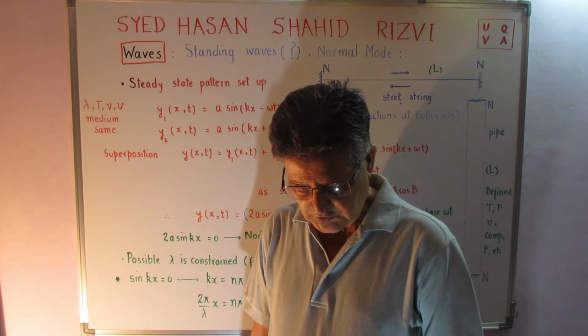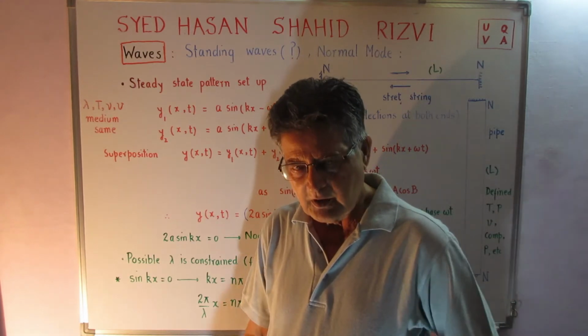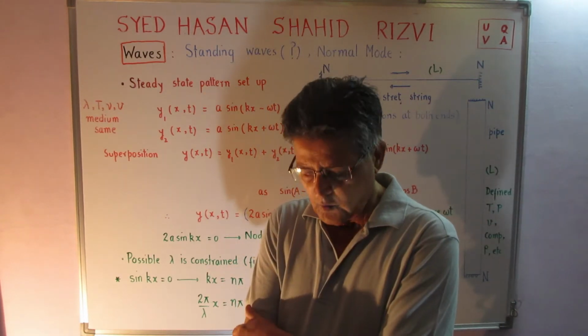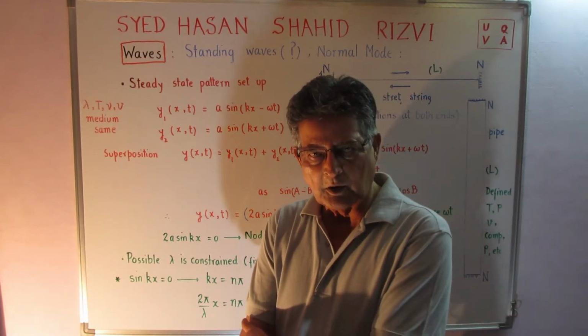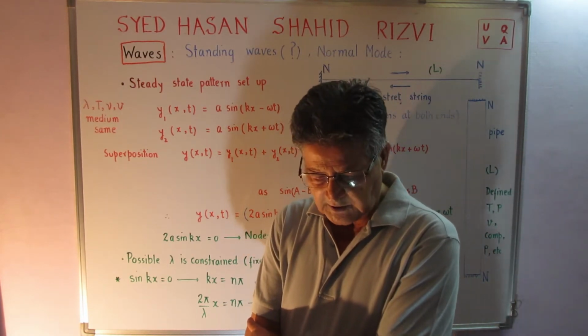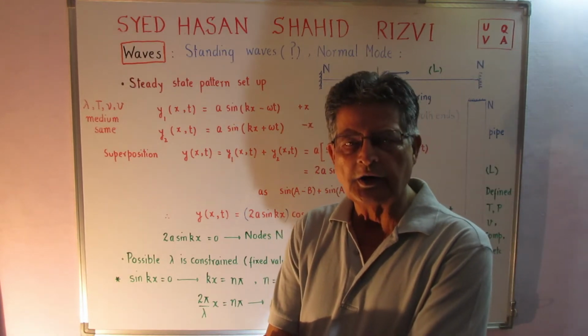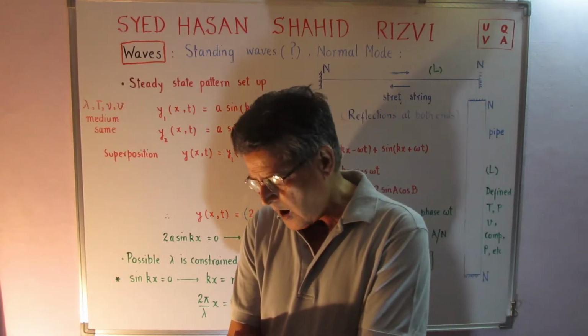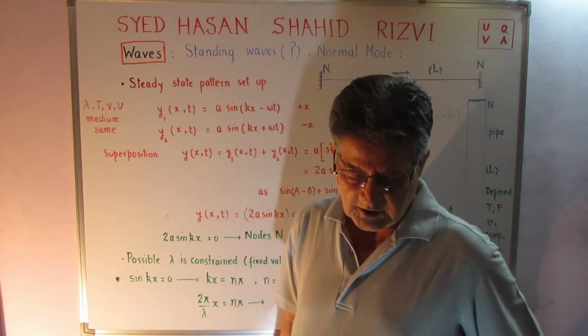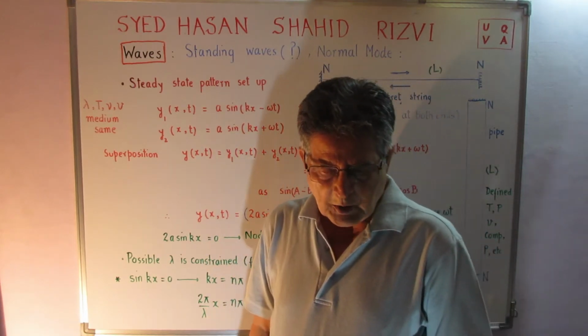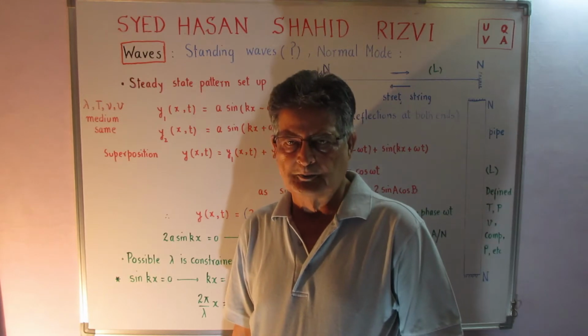Today, we'll take the case of a constraint where both the ends of the vibrating body, whether it is a stretched string or it is a pipe where the vibration may take place, if both ends of the pipe are closed.